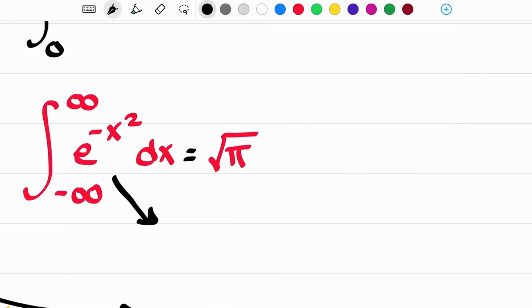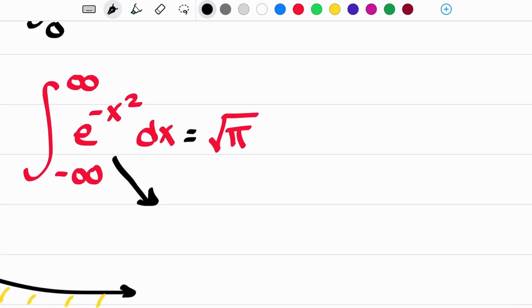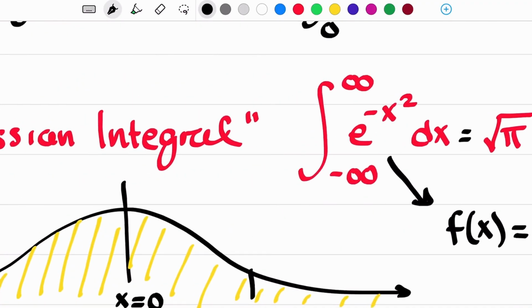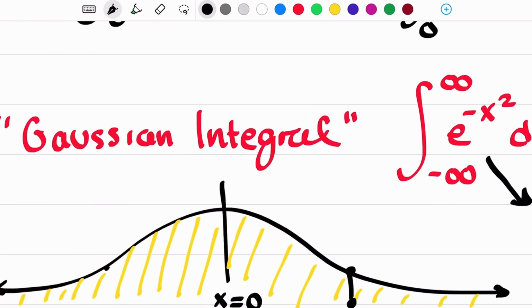Well, it has to do with something called even functions. An even function is a function where f of x is equal to f of negative x, for all x. You pick some x value of the function out here. This is x. And then if you go to negative x, well, the output is still the same.